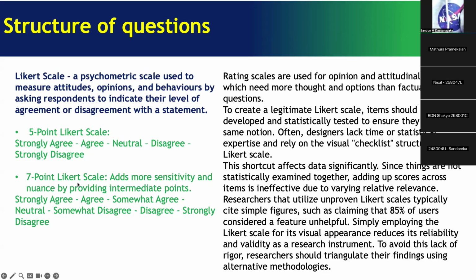So there is a 7-point Likert scale as well. Strongly agree, and then there is a somewhat agree before the neutral. Somewhat agree and somewhat disagree are added here. So these are sensitive questions with intermediate points about the responses.